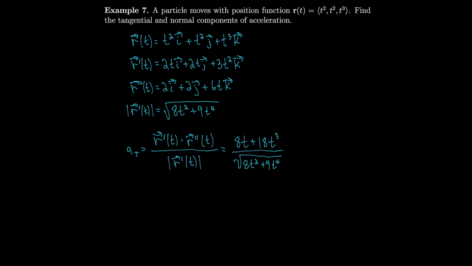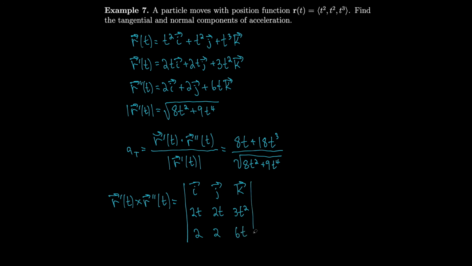Alright, now we need the cross product for the normal component, so let's do that. r prime cross r double prime. Well, that'll be i, j, and k in our matrix, and then 2t, 2t, 3t squared, and then 2, 2, and 6t. And then we'll take the determinant.